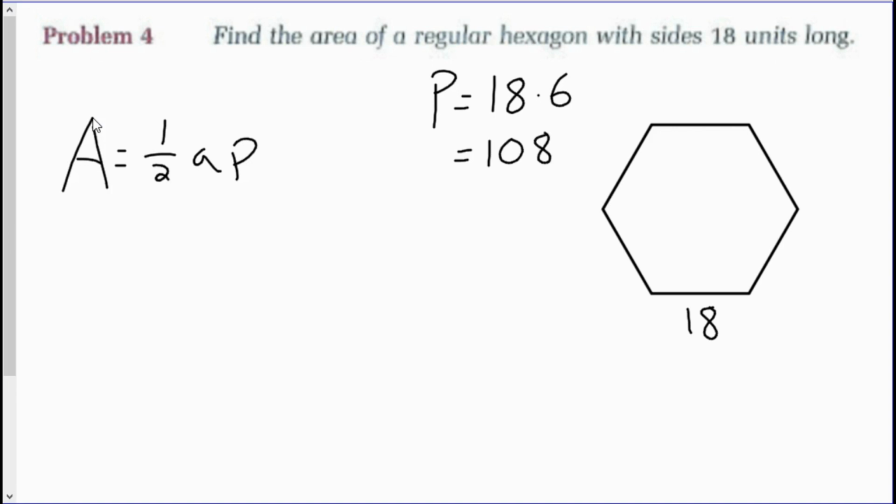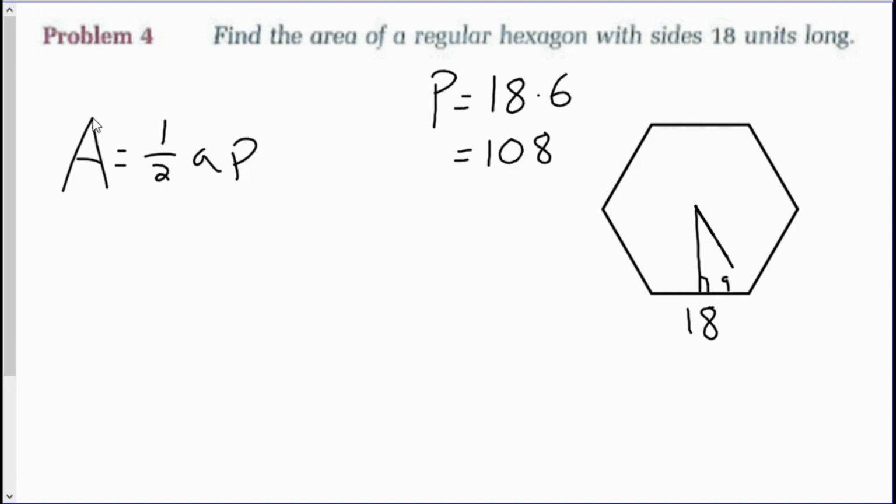Now that I have my perimeter of 108, I need to find the length of my apothem. Remember that an apothem is a perpendicular bisector of a side. So it creates a right angle as well as splits my side into 2 equal parts. So if my whole side length is 18, that would mean part of my side length would be 9.